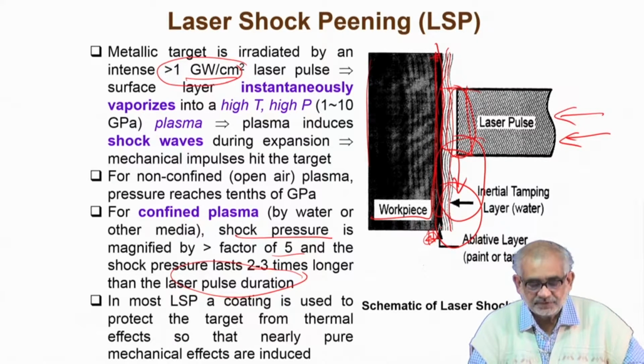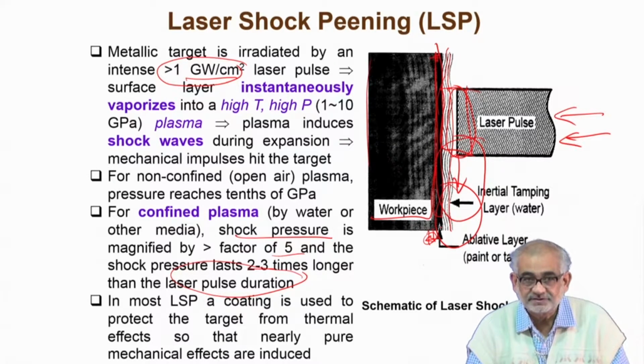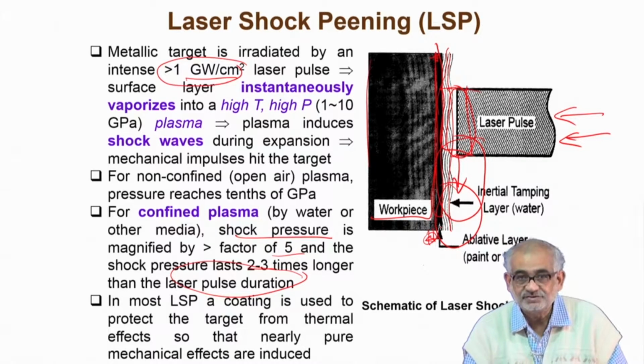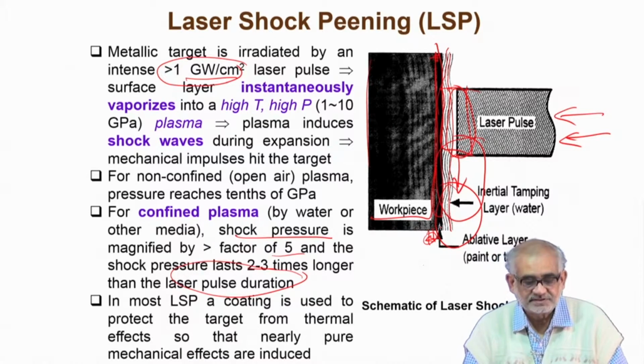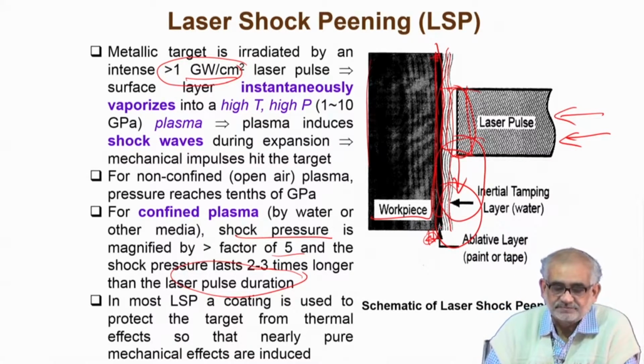Now, it's not the thermal effect of the laser that is important or that is going to make the changes onto the surface of the workpiece, but the shock wave that you generate because of rapid vaporization of the coating or thin film that you have applied and then covered up with a certain tape or some other confinement mechanism.